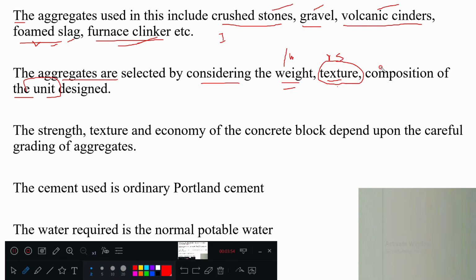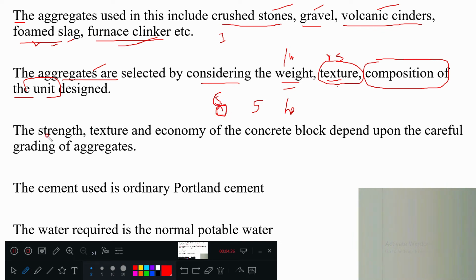Composition of the unit design means what type of wall you are constructing, whether it is soundproof, heat insulating or load carrying. Depending upon that we select the aggregate. For sound and heat insulation, we need to provide hollow type of aggregate, such that the sound passing ability is controlled.